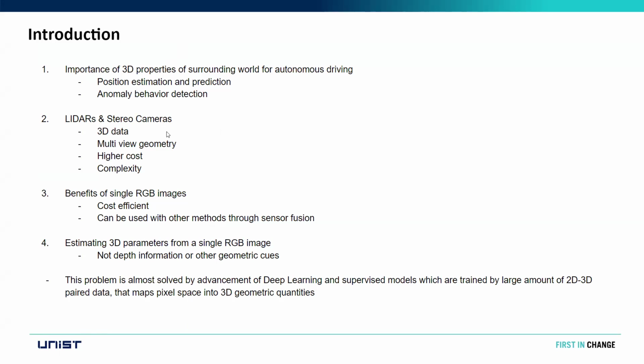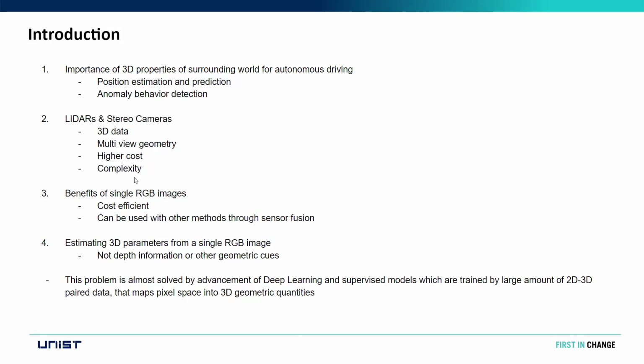The benefit of these sensors is that they work with 3D data and can benefit from multi-view geometry. But usually LiDARs are much higher in cost, and stereo cameras are very complex to work with.